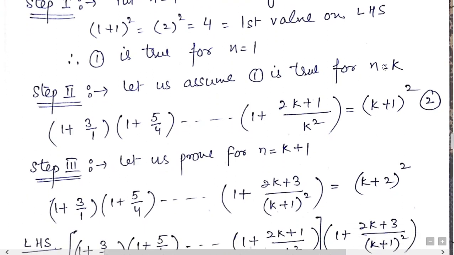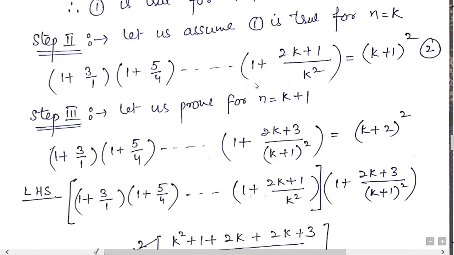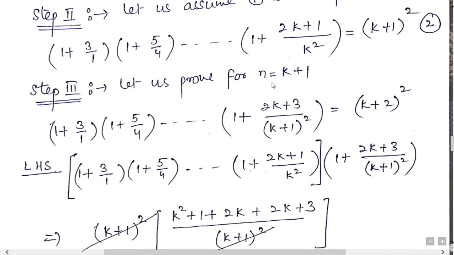Then insert k in place of n and let it be true for second step. Then in place of n, write k plus 1. If I write k plus 1 here, it's 2k plus 2 plus 1, it's 2k plus 3, and in denominator k plus 1 whole square, and in the right hand side k plus 2 whole square.